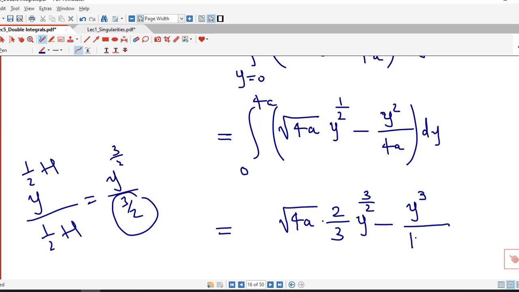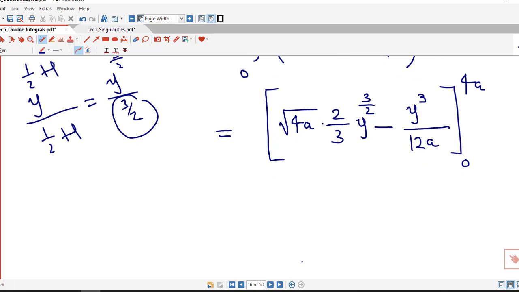So this is going to be 3 into 4a, that is 12a, and then we will put y from 0 to 4a. So now we simplify this by putting limits.